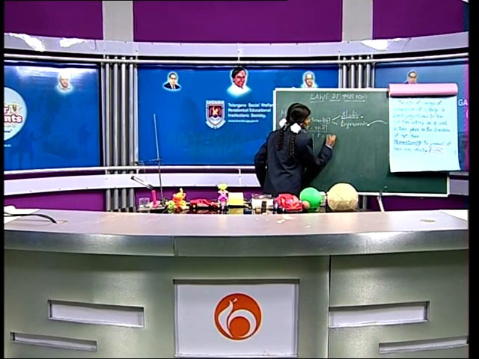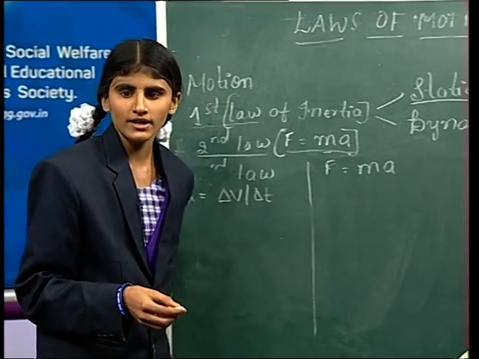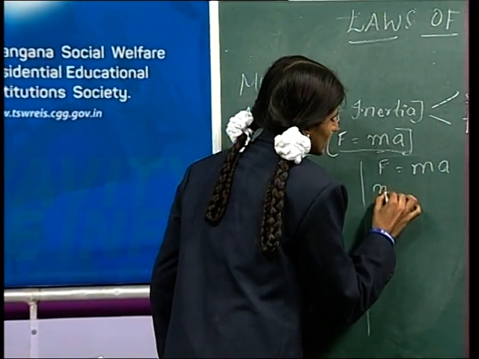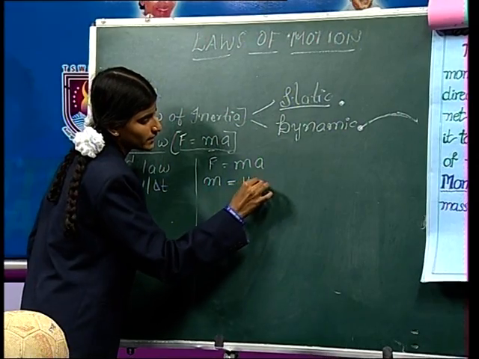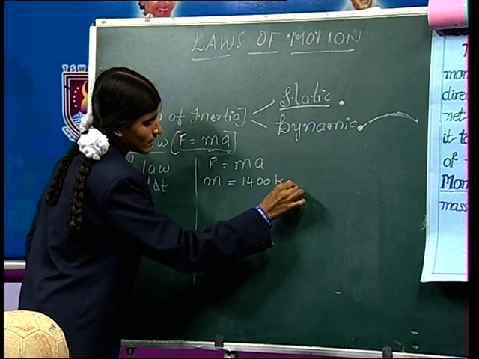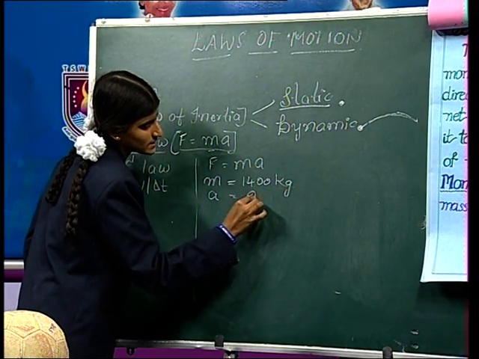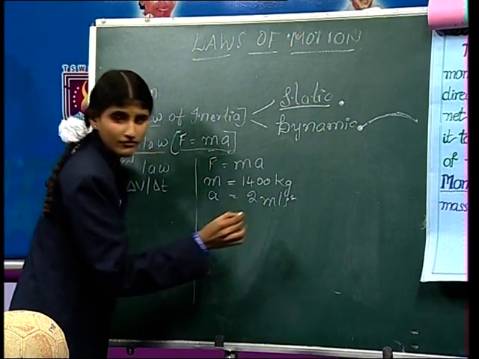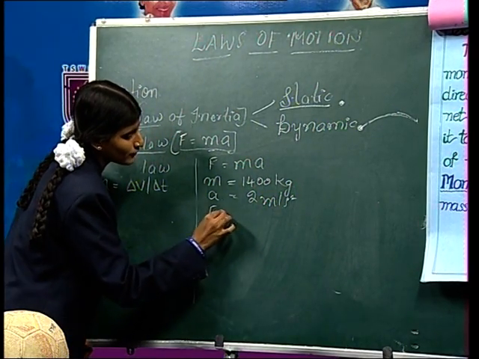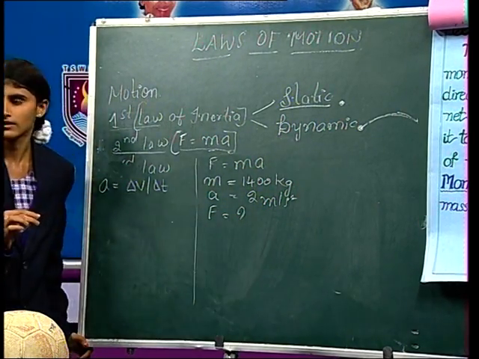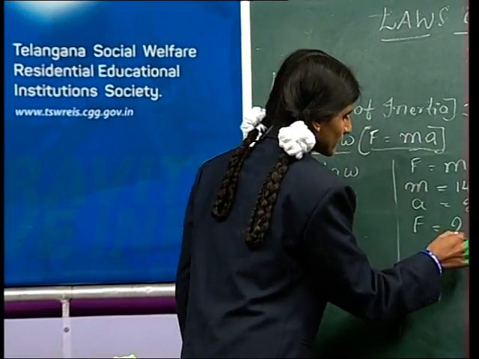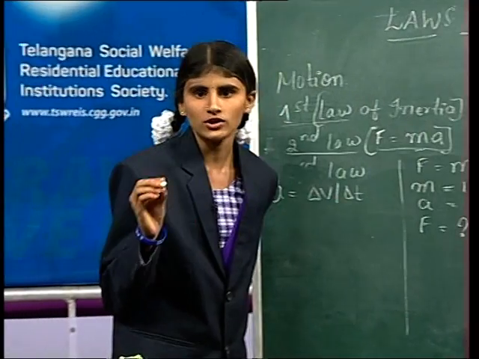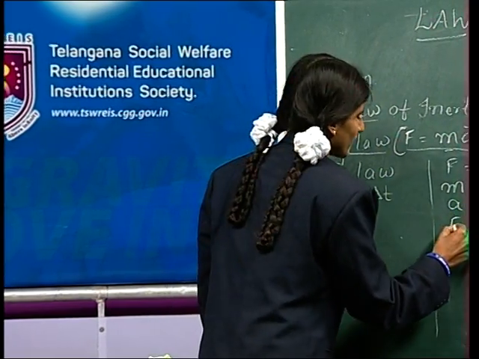What are the units given in the question? M is 1400 kg and a is 2 meter per second square. Okay friends. Now what we have to find? We have to find the force on that car. How much force is applied on the car? We need to find that here.